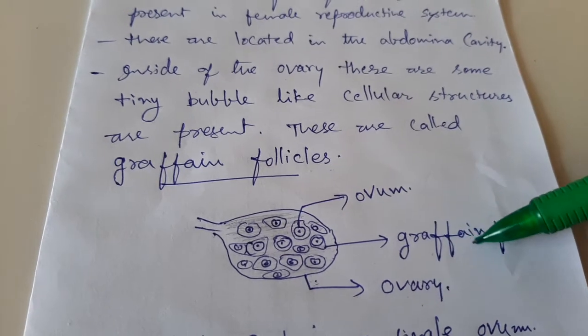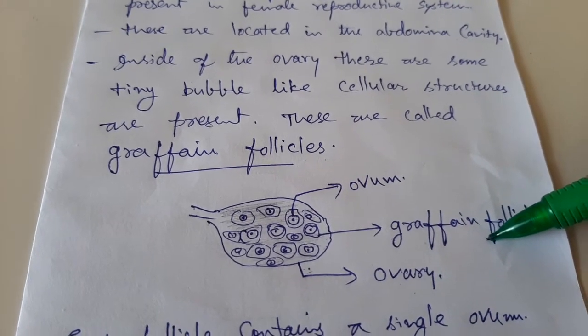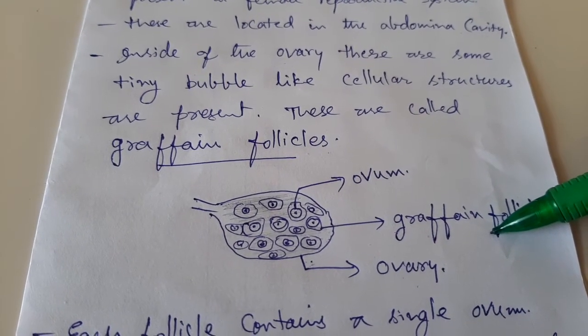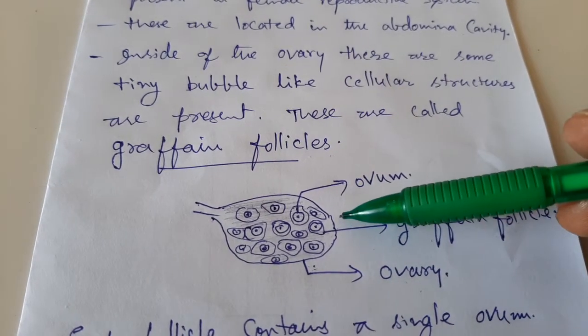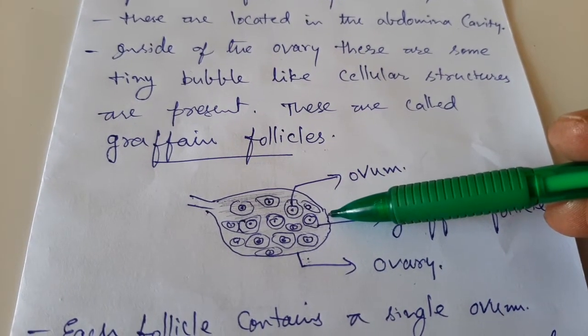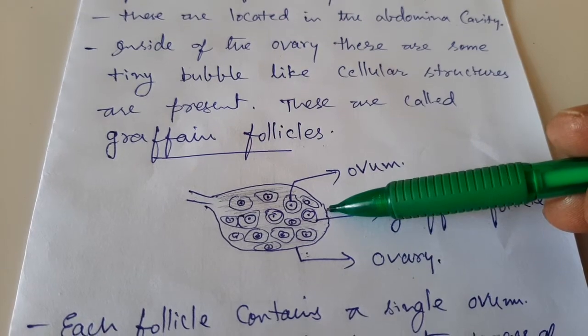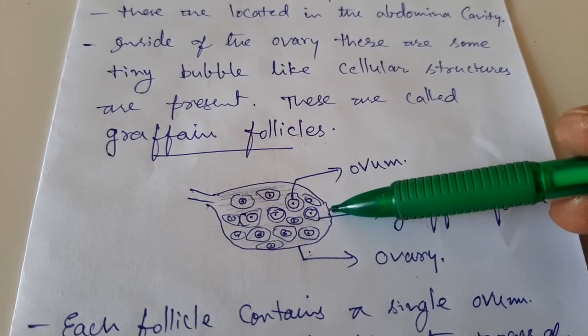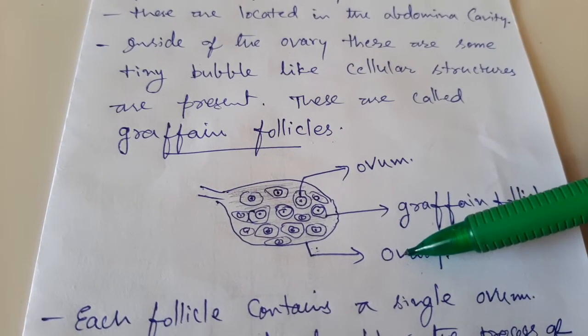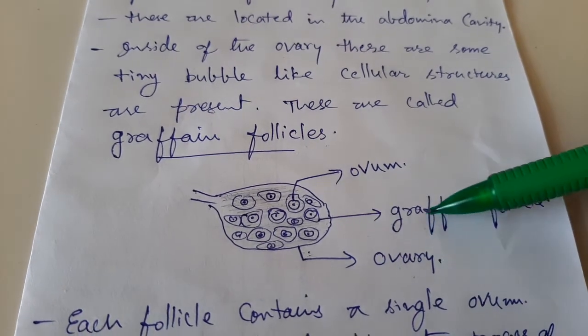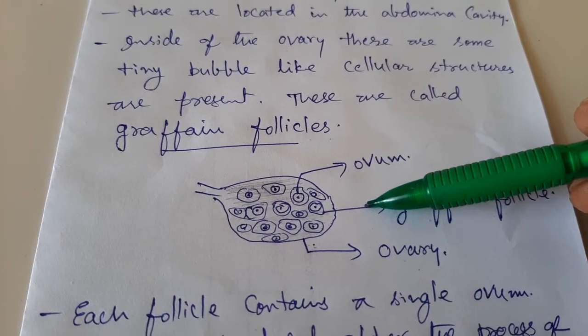Okay, that is about Graafian follicles. It is a somewhat important question. What are Graafian follicles? Graafian follicles are the tiny cellular structures, bubble-like structures which are present inside the ovary. So these follicles are called Graafian follicles.